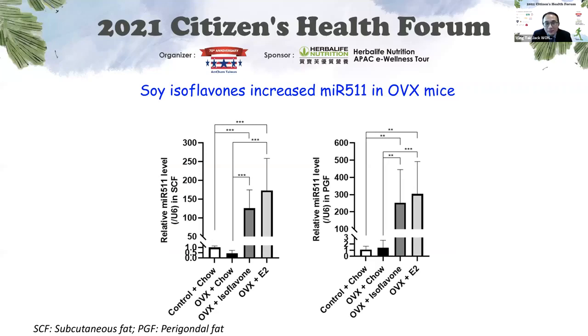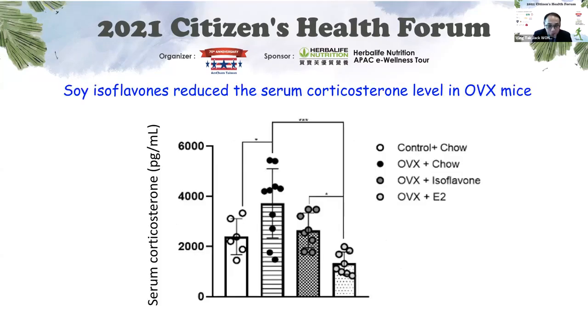With this idea in mind, we detected microRNA 511 levels in adipose tissues. An increase of microRNA 511 was observed in both subcutaneous fat and perigonadal fat in OVX mice receiving either soy isoflavones or the estradiol pellet. This again suggested an inverse correlation with the FKBP5 level in white adipose tissue.